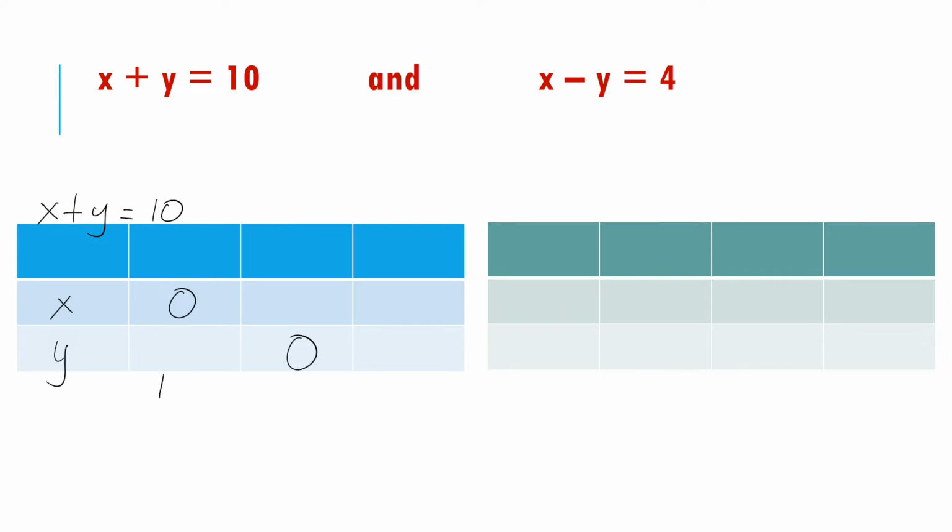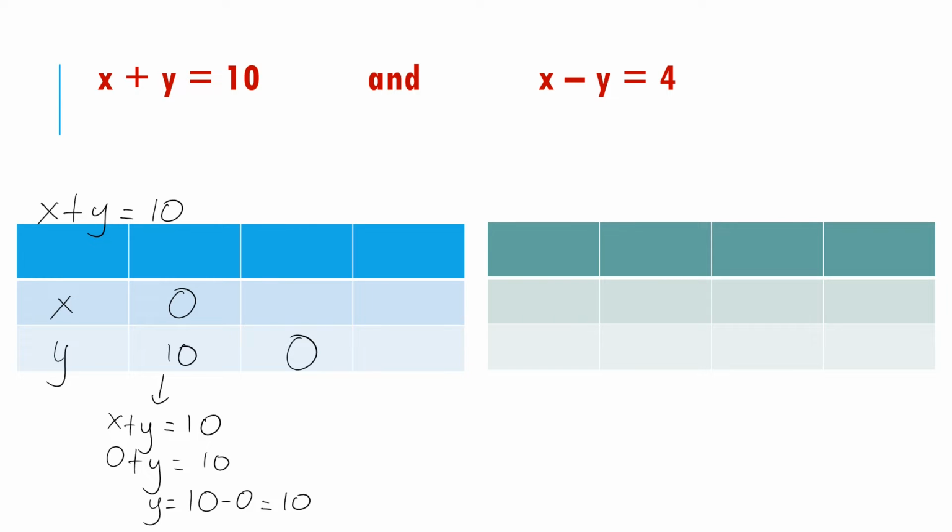For example, for x plus y equals 10, it will intersect when x equals 0, so you replace x with 0: 0 plus y equals 10. To find y, just 10 minus 0 equals 10.